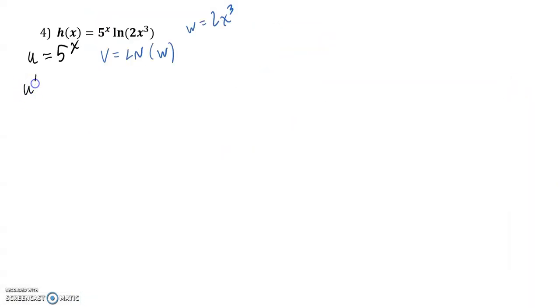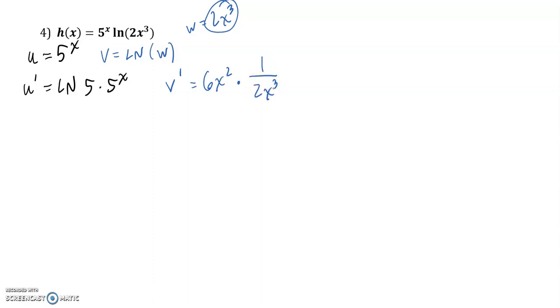Do u prime, which is natural log 5 times 5 to the x, and v prime, I'm going to have to chain together. So this derivative, 6x squared, times the derivative of that, which is 1 over 2x cubed.